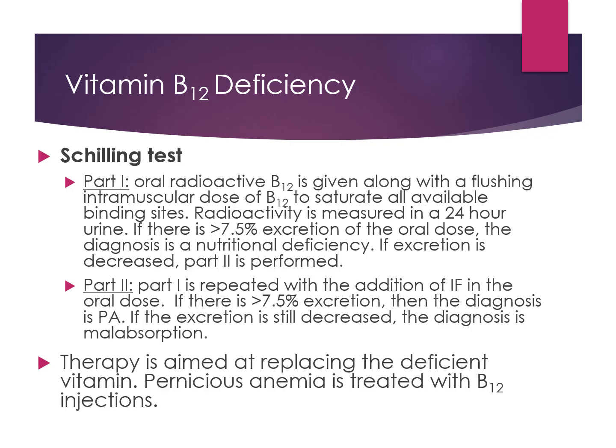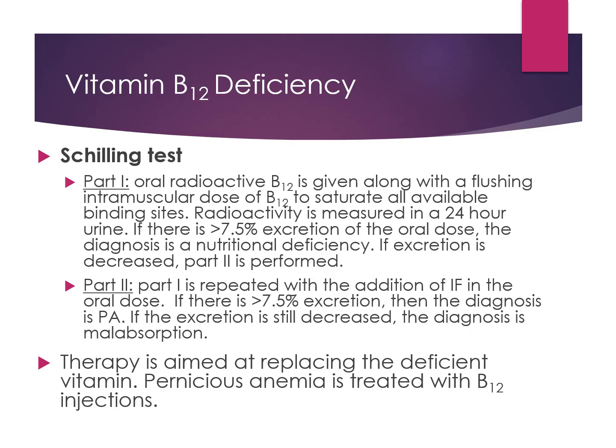So how do we know if a person has a B12 deficiency due to pernicious anemia, nutritional deficiency, or malabsorption? Well, there's a very specific test that could be performed called the Schilling test. It's a very simple test. It is a two-part test, and it helps us deduce the cause of the B12 deficiency.